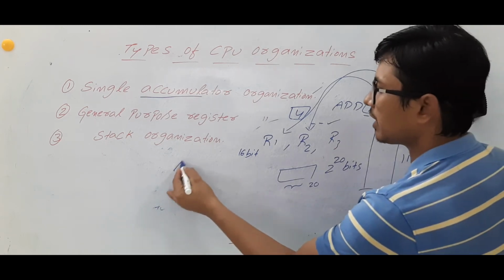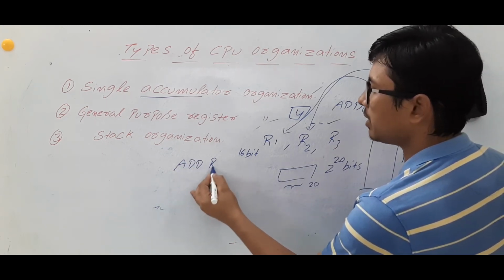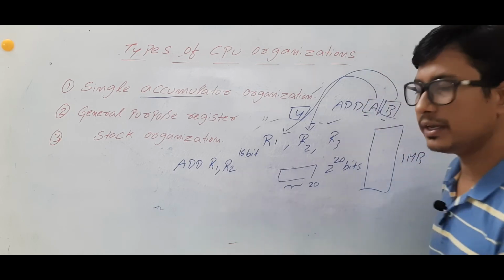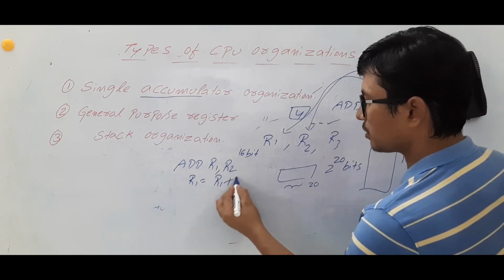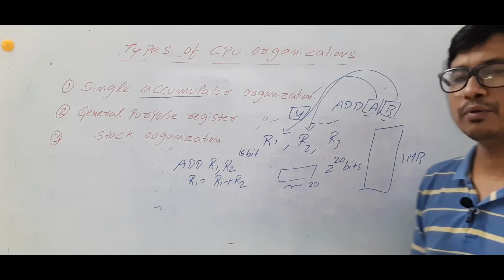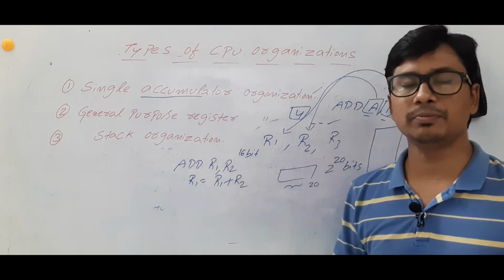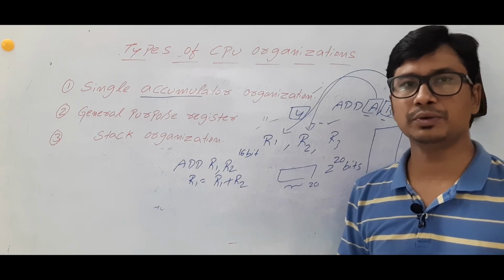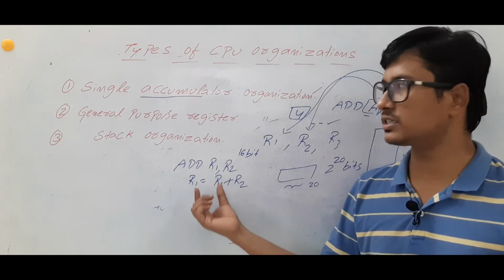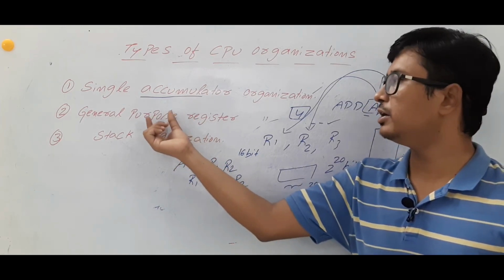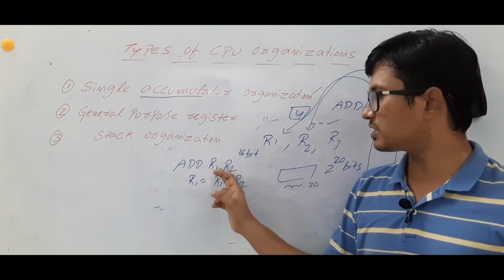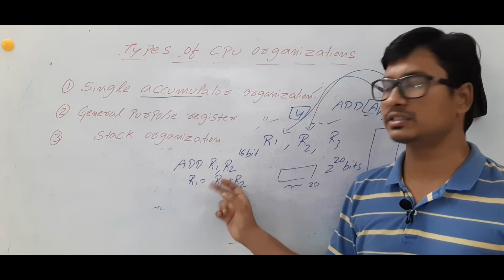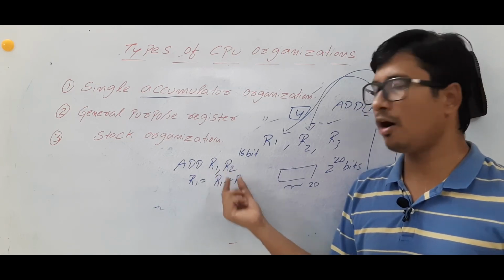Then we will write it as add R1 comma R2, meaning R1 is equal to R1 plus R2, where R1 and R2 are the two general purpose registers. Are you able to understand? So these kinds of instructions can be performed using the general purpose registers. It is a two address instruction because we have two operands.